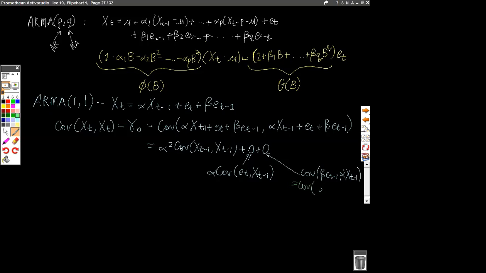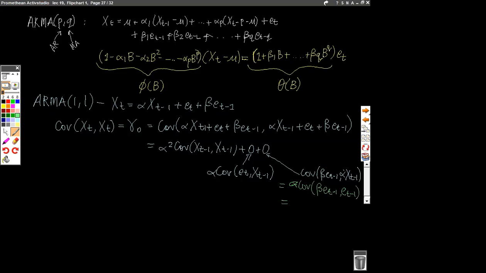So I'll have covariance of beta ET minus 1 comma, and instead of alpha XT minus 1, let me just take this alpha here. And now I just have XT minus 1 inside. So if I expand XT minus 1 here, I will get alpha times XT minus 2 plus ET minus 1, which will be correlated with this, plus beta ET minus 2, which will not be correlated with this.